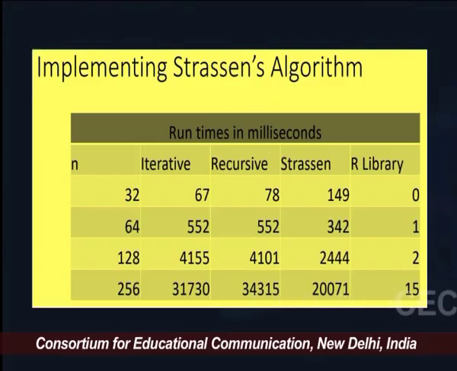Then for 64, Strassen comes out lesser than iterative and recursive, with about 40% less. For size 128, it is close to 50% lesser, and for 256 it is again a huge improvement, about 40% or so.